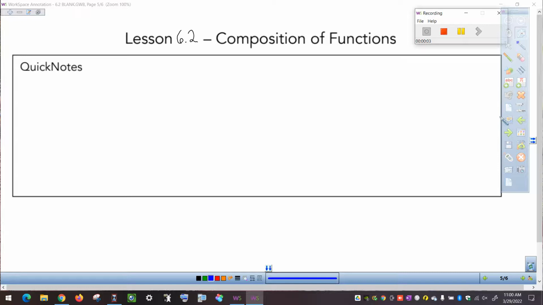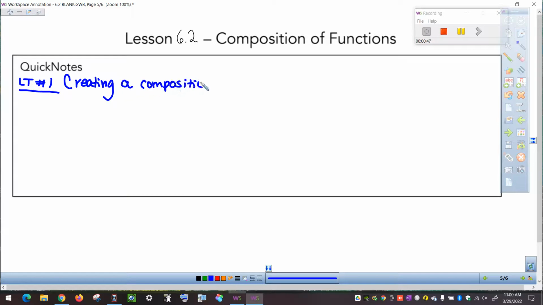It says, given two functions, we wanted to compose new functions by inputting one function into the other. All right, so I'm going to call this here learning target number 1, was creating a composition of functions.